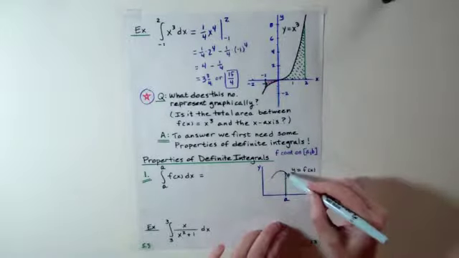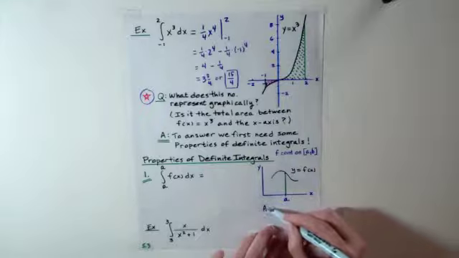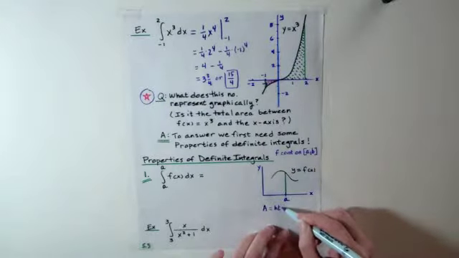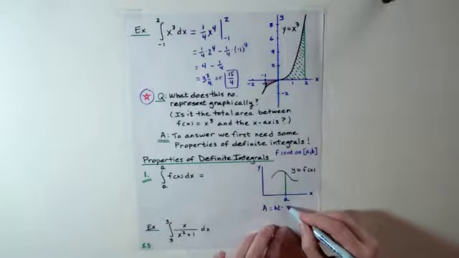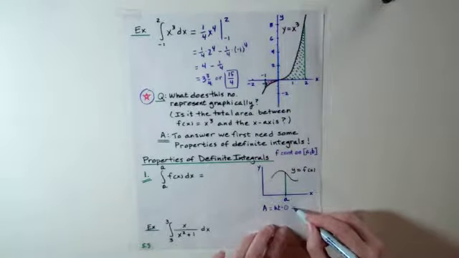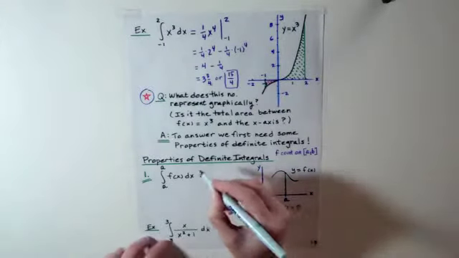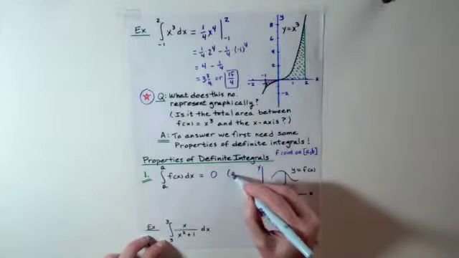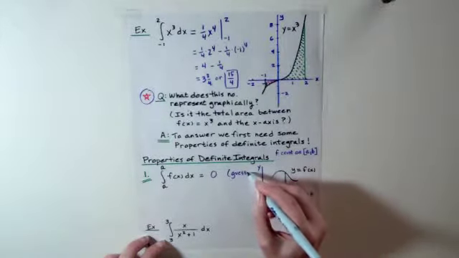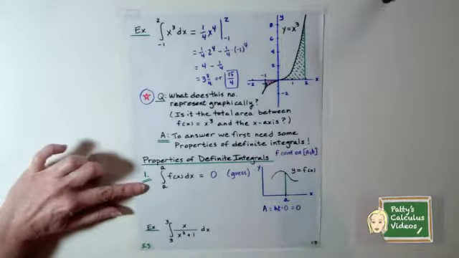If you want to, you could think of it as a very skinny rectangle that has some height. But what would the width of a line segment be? It would be a width of 0. And so it looks like the area under this curve, the area of a line segment, would be equal to 0. So I'm going to put this down as just sort of a guess here. I'll put guess in parentheses. It looks like the value of this definite integral should be equal to 0.